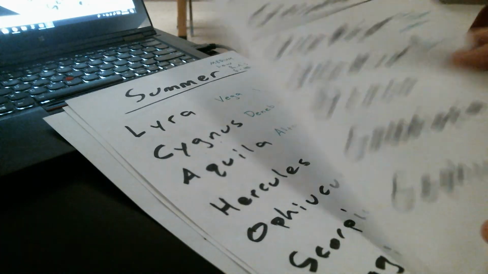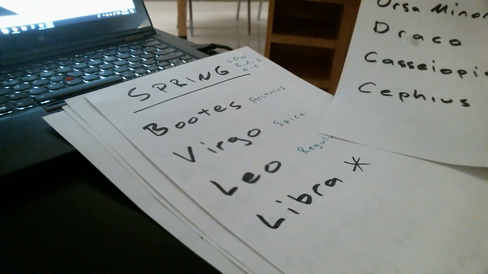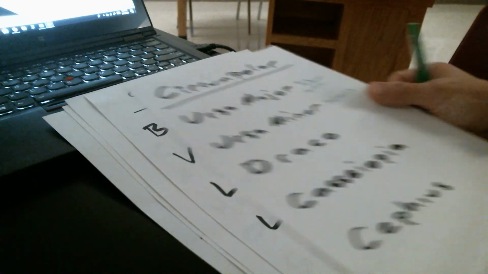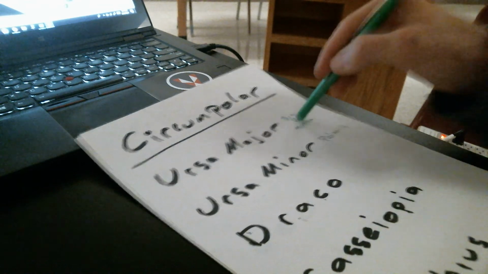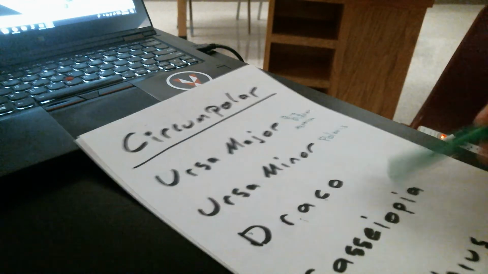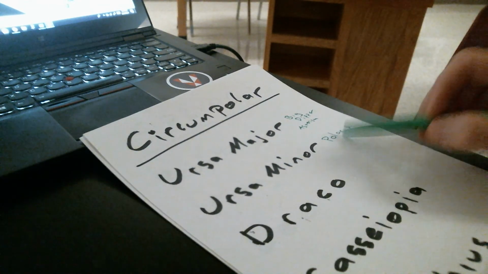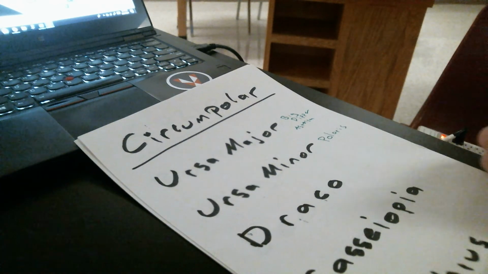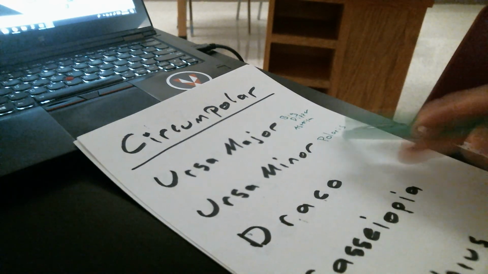There's a few more in the summer. Springtime only has three. The circumpolar ones, I didn't have you do that. But you could look up the declinations. Well, you probably already know the declination of Polaris, don't you? That would be neat for you to look up that declination, but you already know what it is, don't you?